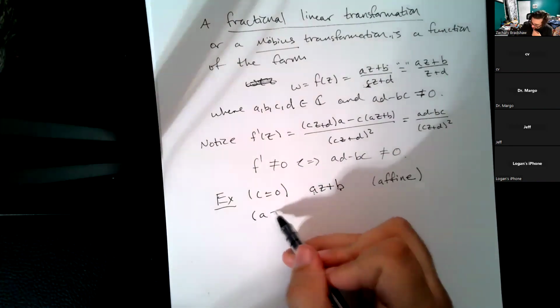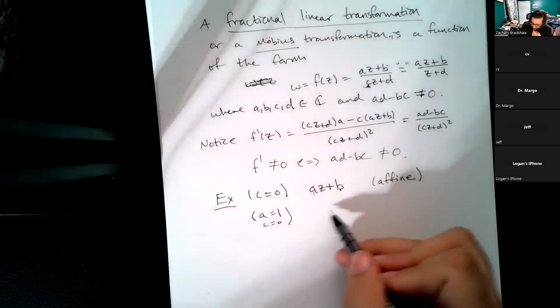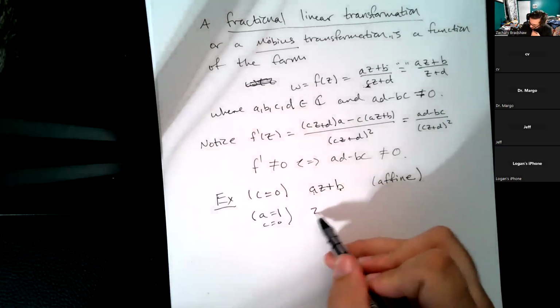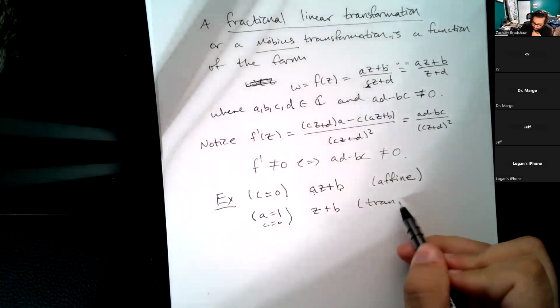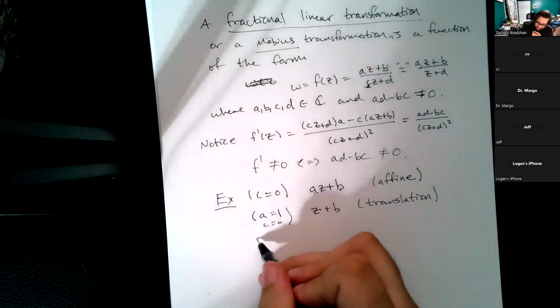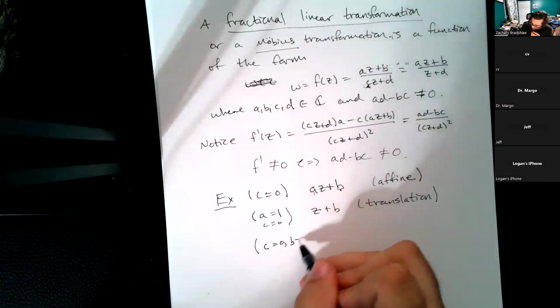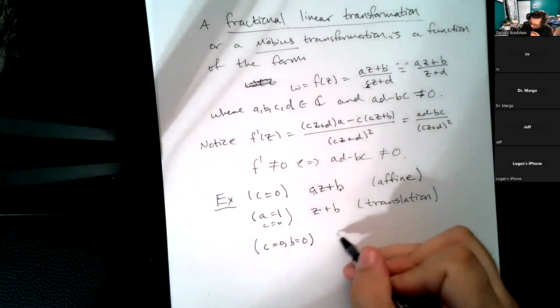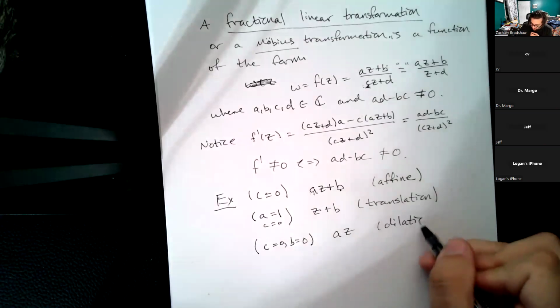So when a is 1 and c is 0, then what we have is something of the form z plus b, and this is a translation. We all know what a translation is. When c is 0 and b is 0, this gives something of the form az, which we call a dilation.